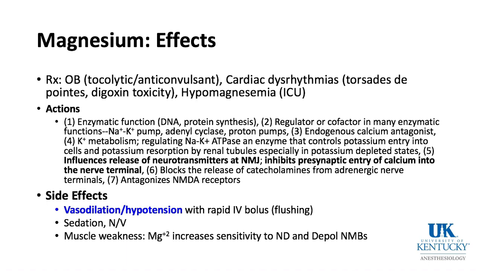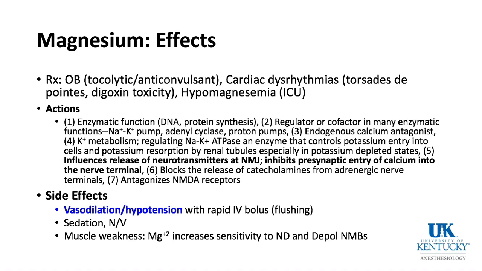And if you have large amounts of magnesium on board, you've given magnesium, for example, to a patient, you can expect prolongation of both non-depolarizing and depolarizing neuromuscular blocker agents. It blocks the release of catecholamines from adrenergic nerve terminals, and it actually antagonizes NMDA receptors similar to what ketamine does, a little different place, and has been used in chronic pain and pain management in some situations in research.